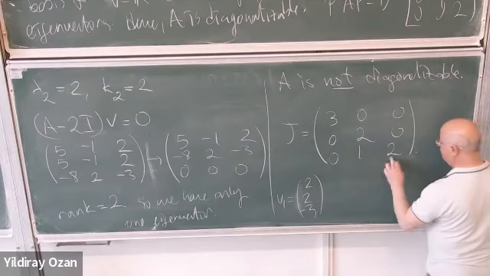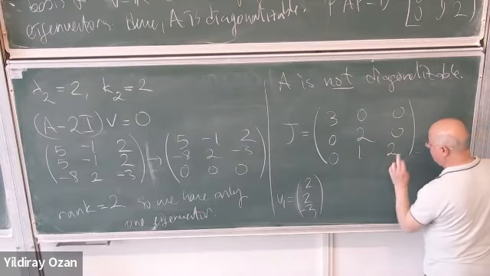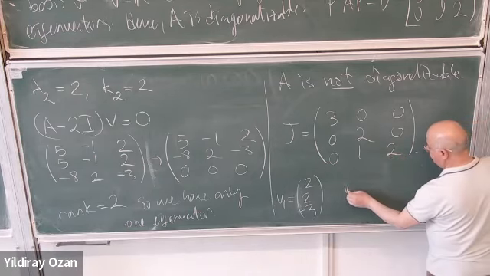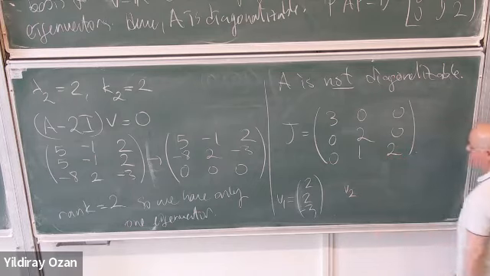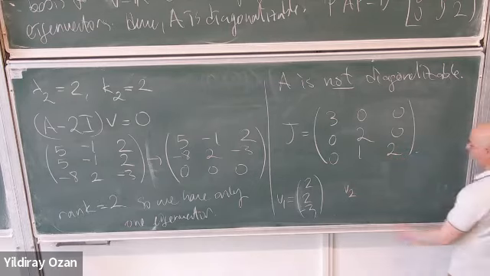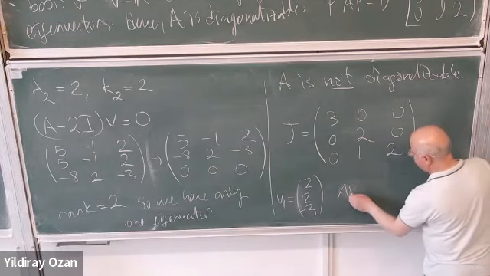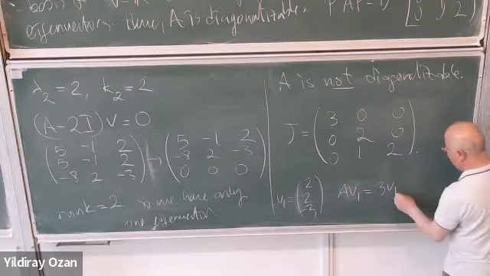There is an eigenvector, let's say V2, the eigenvector, and there will also be a generalized eigenvector, right? So A times V1 is just 3 times V1.